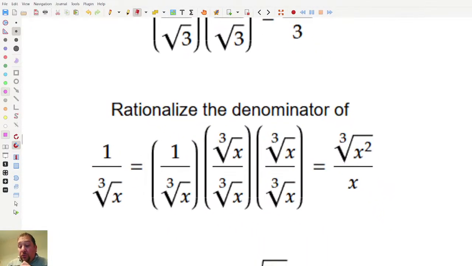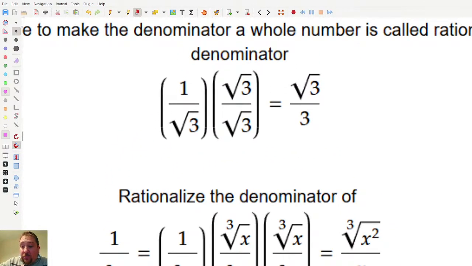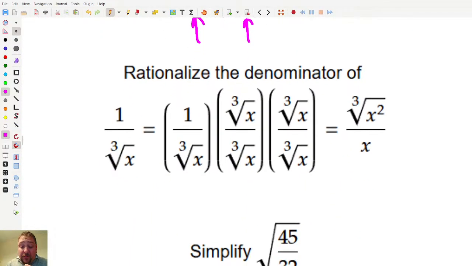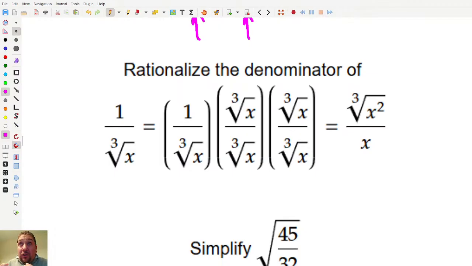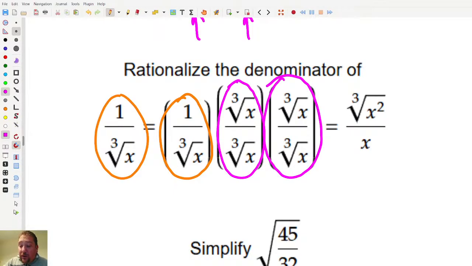And if it was a cube root, well, if you caught what I said a moment ago, we needed a total of 2 copies in the denominator for a square root to cancel out. To cancel out a cube root in the denominator, we're going to need a total of 3 copies. So here's the original fraction, and then I'm going to multiply top and bottom by not 1 copy, but 2 more copies.